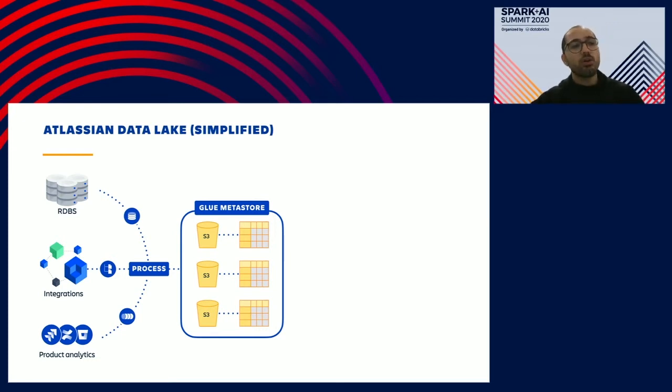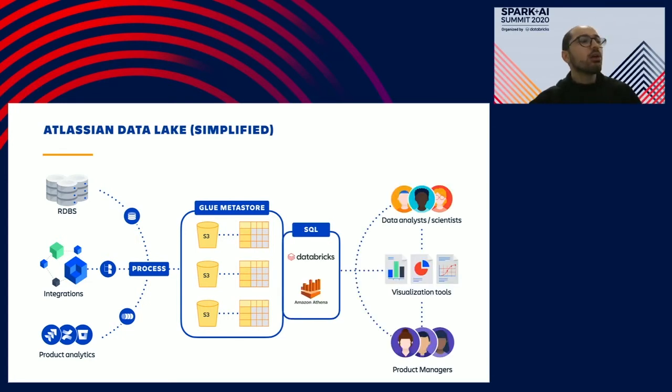And we also have other file formats like CSV and ORC stored in the data lake. But no matter how the processing looks, all the data ends up landing on S3, and it is mapped as tables via the Glue Metastore, where all the data lake tables are registered and organized by namespaces. These tables are accessed via SQL using Databricks and AWS Athena.